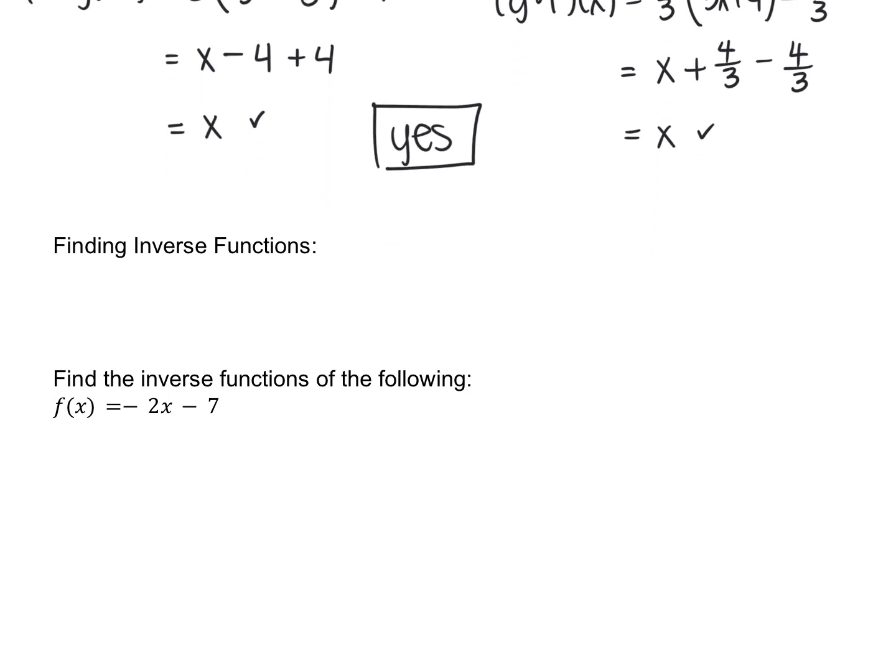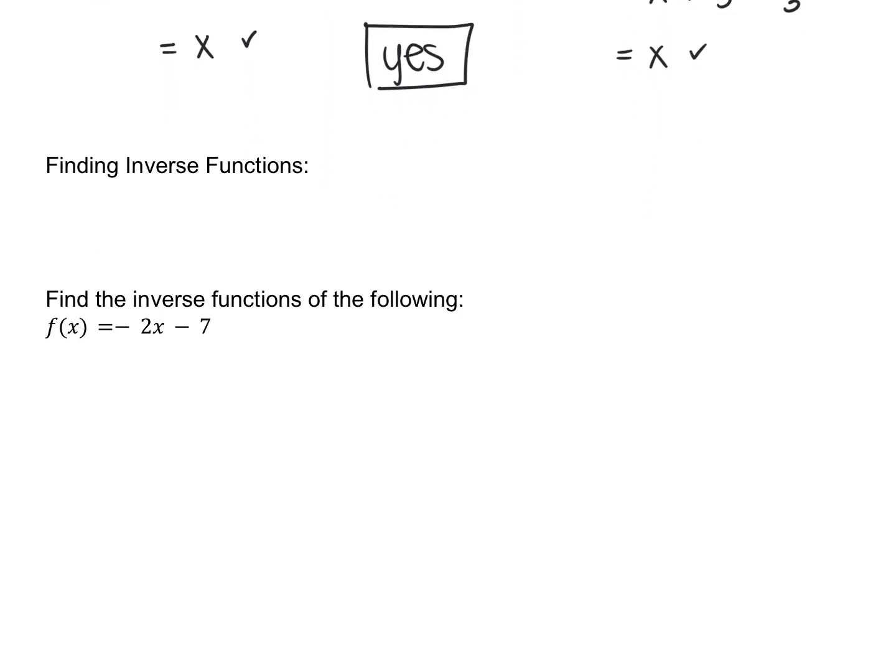So now that we've talked about how to check if two given functions are inverses, we want to talk about how do you actually find an inverse equation. And it's 3 steps. So the first step is to set your equation equal to y.